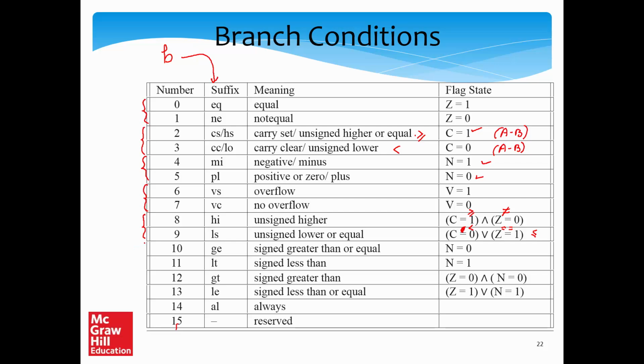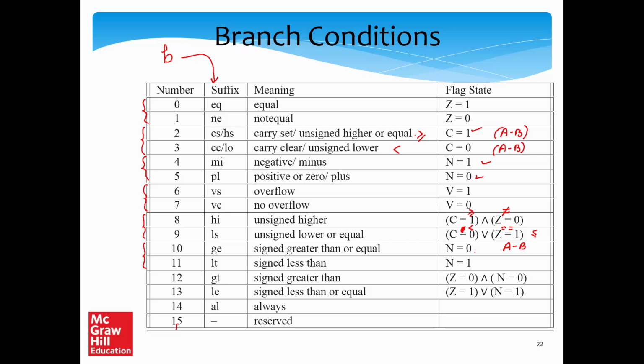Now let's consider some signed operations. GE is signed greater than or equal. I interpret both the 32-bit numbers as signed numbers, and I perform a subtraction.